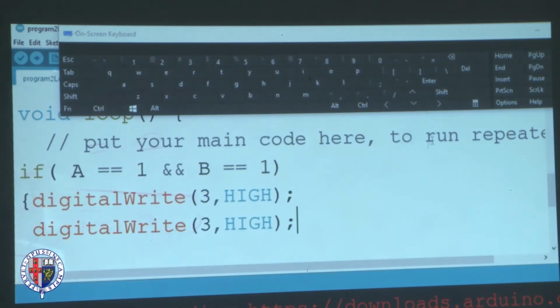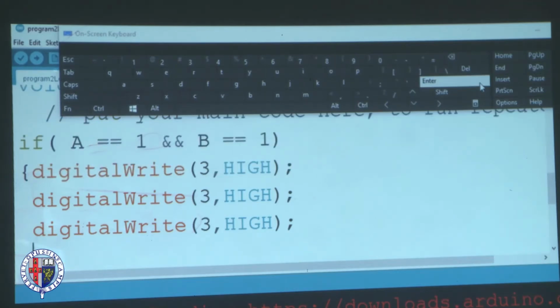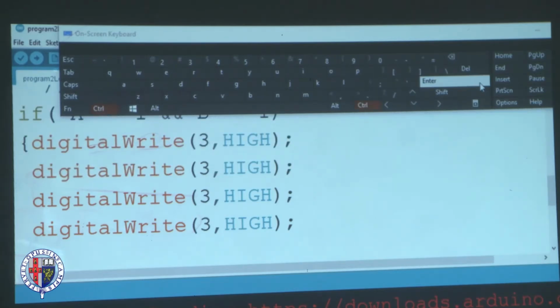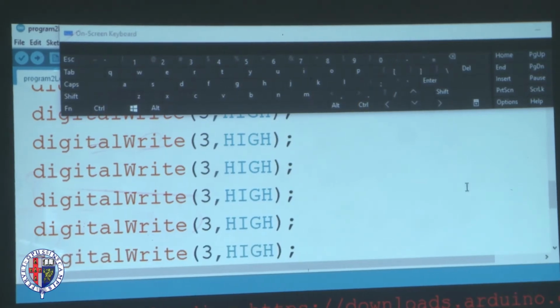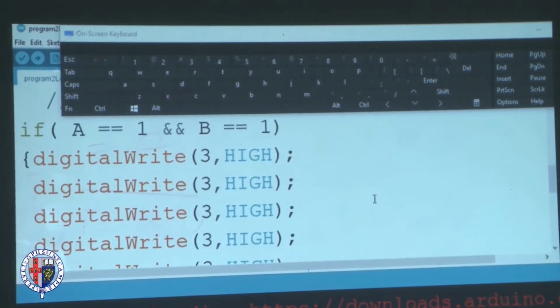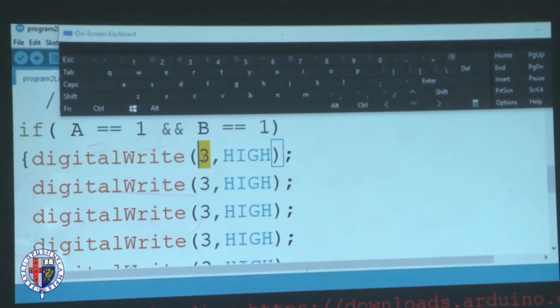That's 1, so I'll now have 2, 3, 4, 5, 6, 7, and 8. They are all pin 3s, so that has to be from 1 to 8.